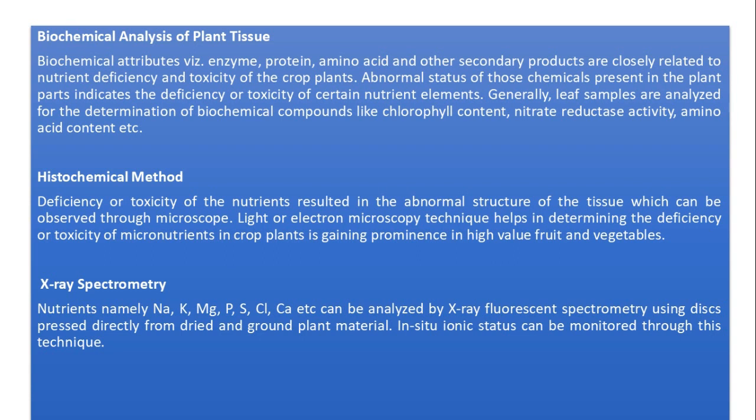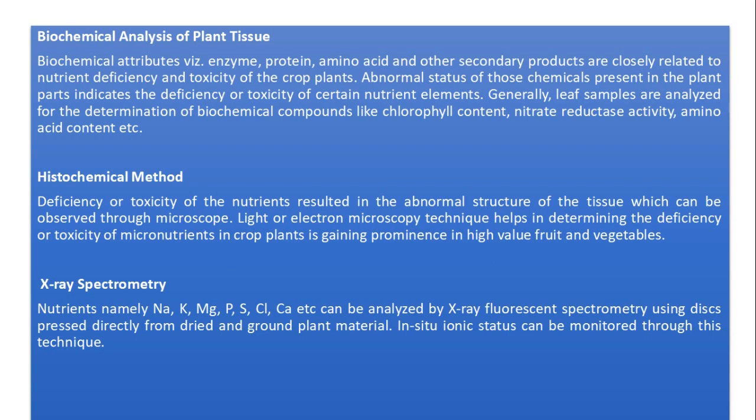Abnormal status of those chemicals present in the plant parts indicates the deficiency or toxicity of certain nutrient elements. Generally, leaf samples are analyzed for the determination of biochemical compounds like chlorophyll content, nitrate reductase activity, amino acid content, etc.